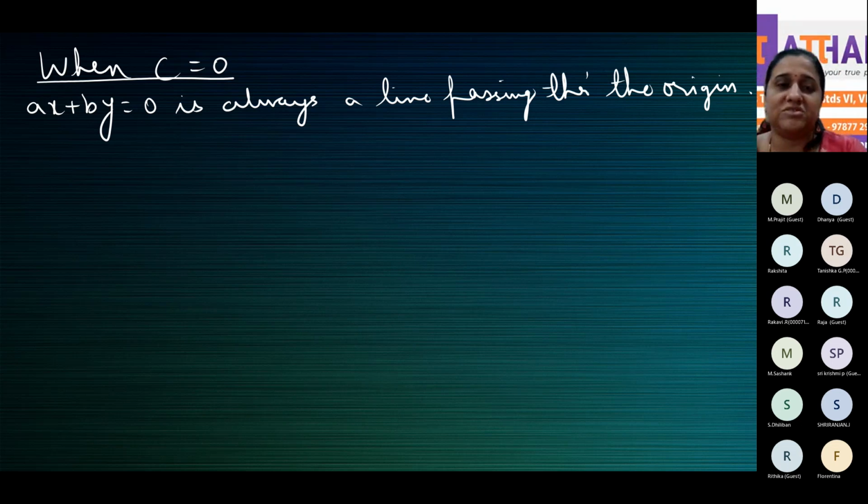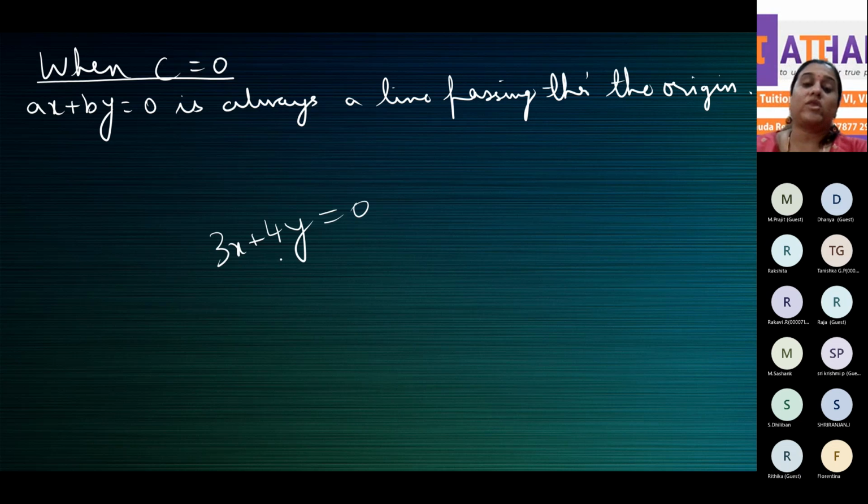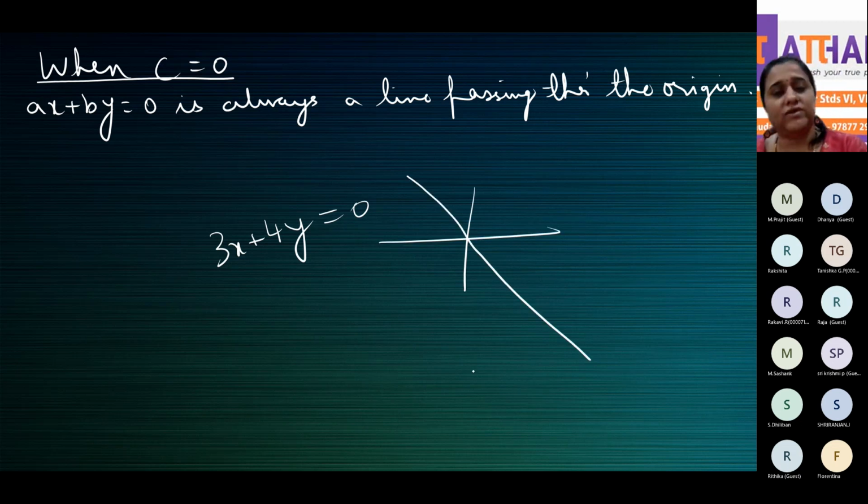So when the constant is missing, for example if you have the equation 3x plus 4y is equal to 0, without making the graph of this equation, you can say that the graph will pass through the origin. Why?